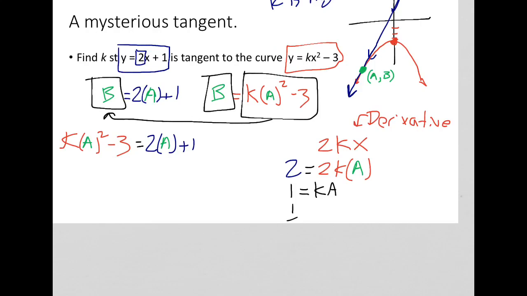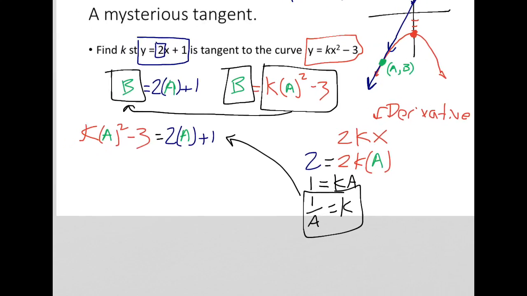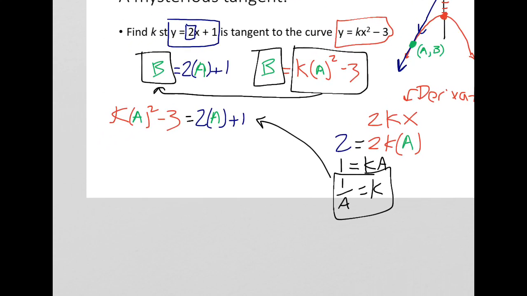So I'm going to write 1 over a equals k. So now I have an expression for k. I'm going to plug that into this equation over here. K is 1 over a, so I'm going to get 1 over a times a squared minus 3 equals 2a plus 1. Now I have one equation with only one unknown variable, a, in there.